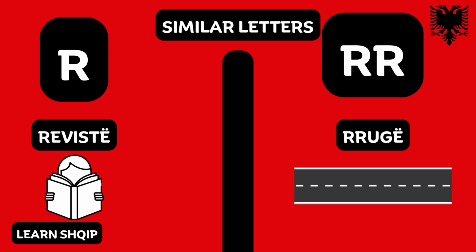You are going to pronounce it this way: R. For example, street, rrug. So once again, single R, very soft, and then double R.